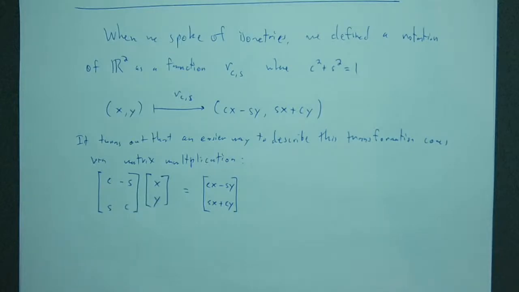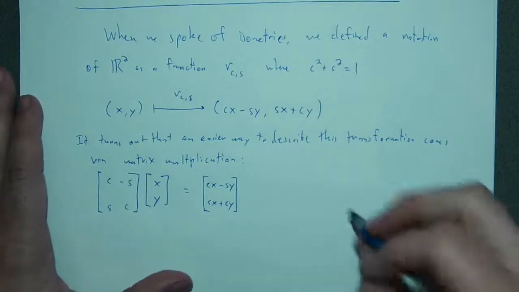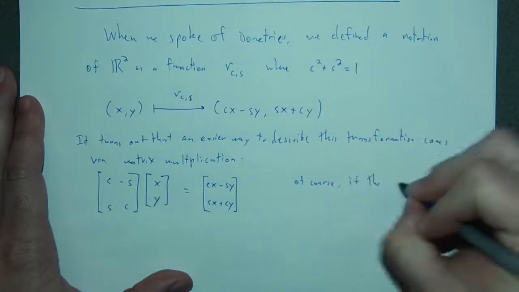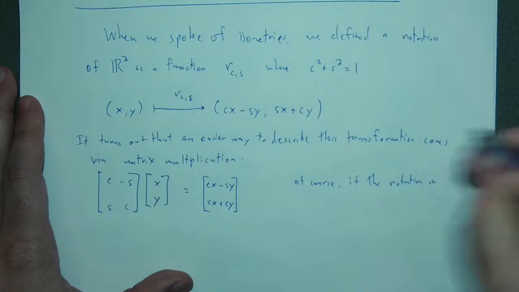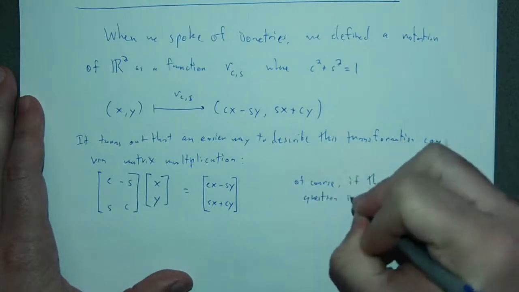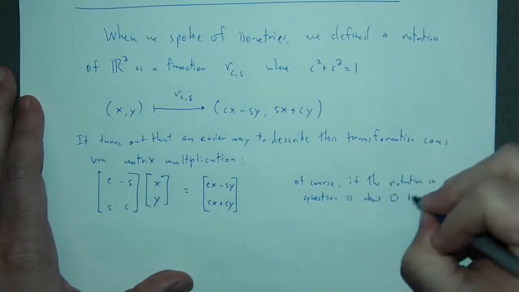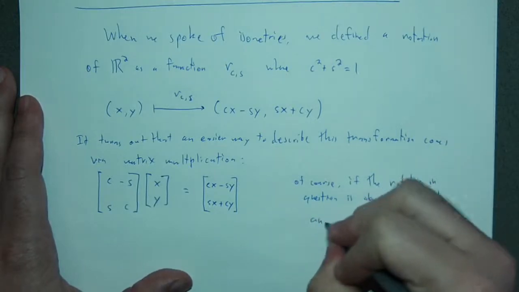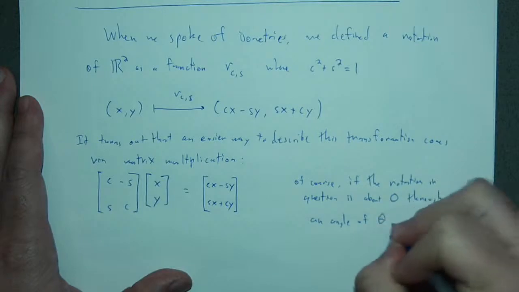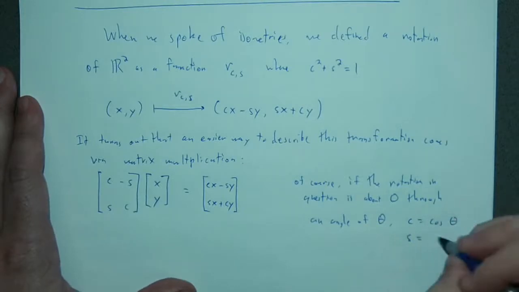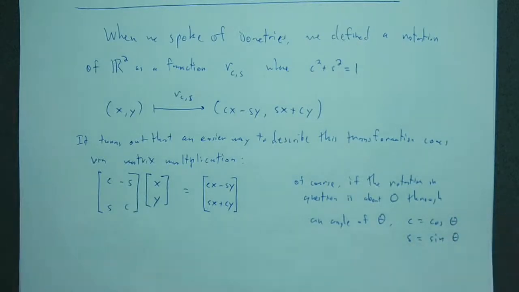Okay. So here I have a 2 by 2 matrix with rows C, minus S and S, C. But of course, if the rotation in question is about the origin through an angle of theta, then C is cosine theta, and S is sine theta.